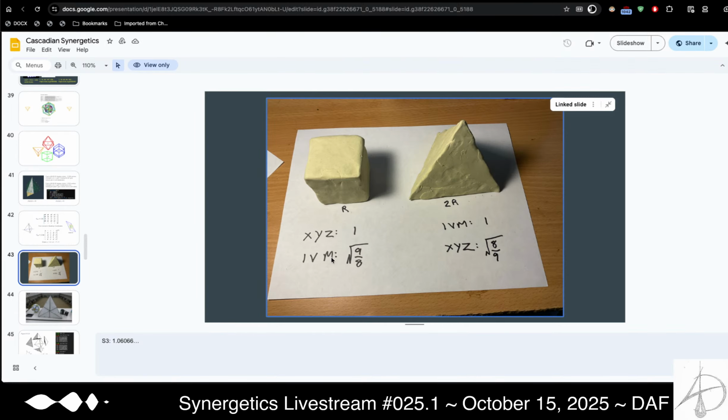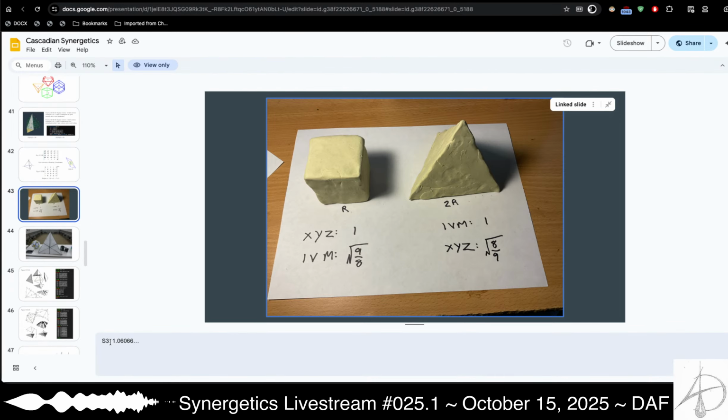In the IVM tetravolume normalization, root 9 over 8 is the volume of that cube. And it's basically vice versa on the other way, which is in the IVM setting, the unit tet has a volume of 1. That's the tetravolume. And within the XYZ volume scaling, it's root 8 over 9.